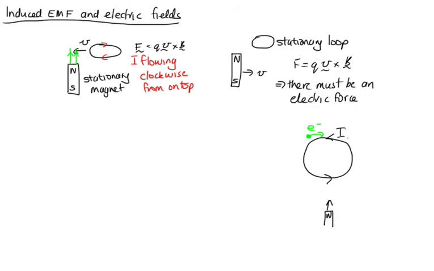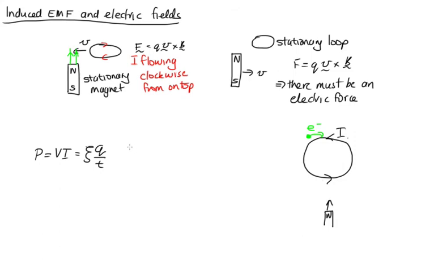Okay, now what we're going to do is consider the energy around the loop here. We know that power, that's the rate of energy, is equal to VI. The V in this case is equal to the EMF, and I, that's the number of charges over time, is just what current is.